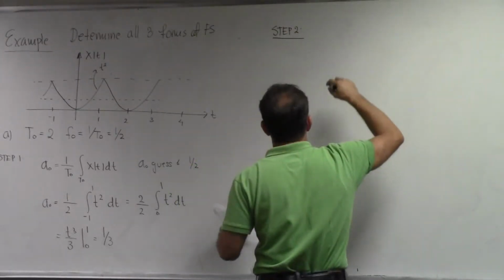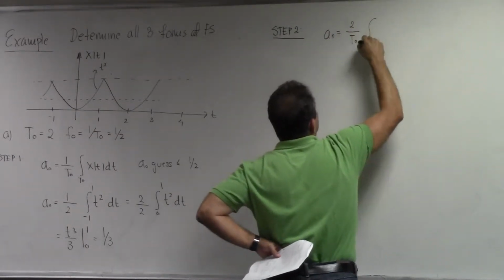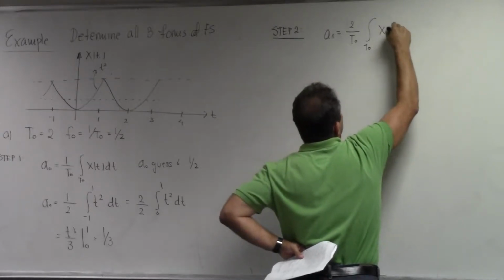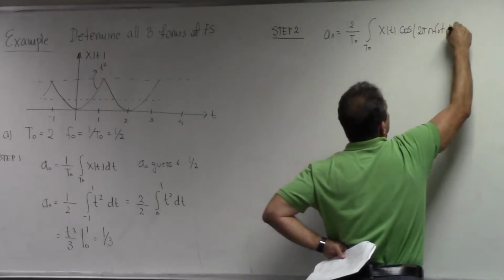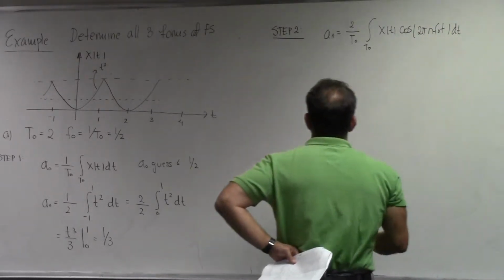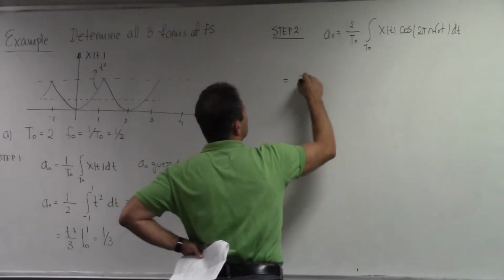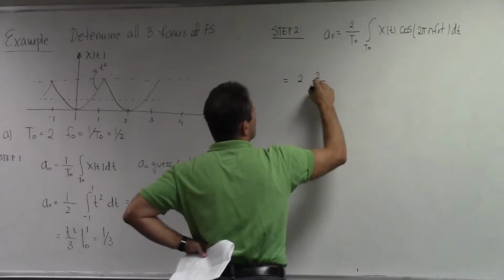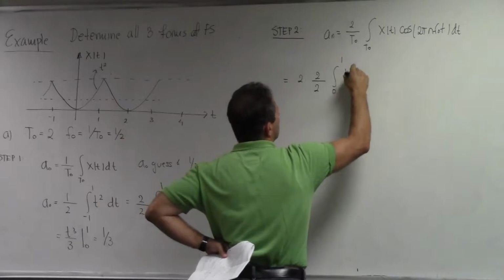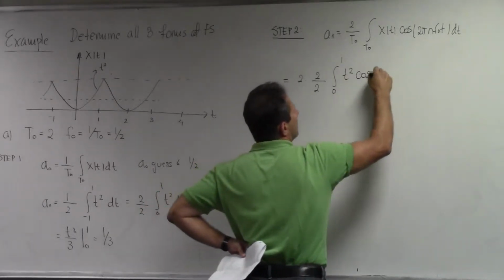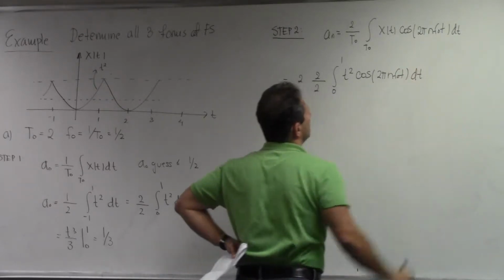The AN calculation formula is 2 over T0, integral over T0, x of t cosine 2 pi n f0 t dt. In this case, this becomes 2 times 2 over T0, which is 2, integral from 0 to 1, t squared cosine 2 pi n f0 t dt.